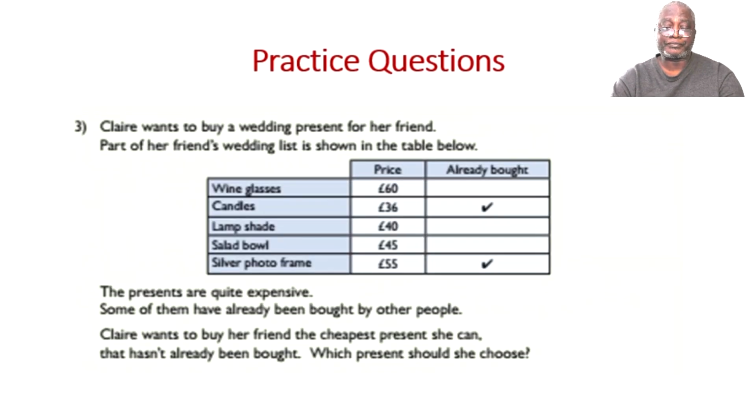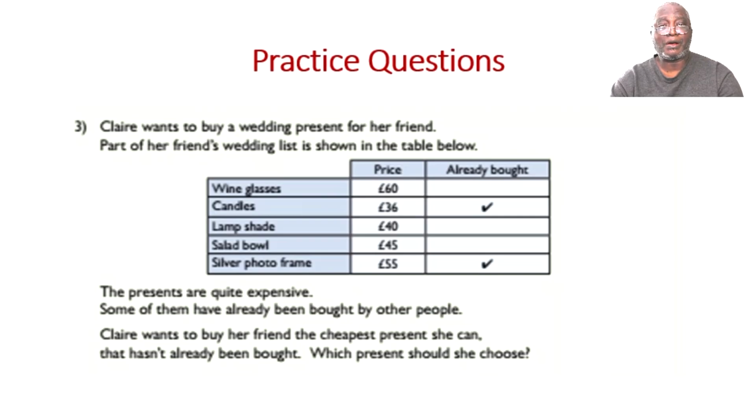Practice 3. Another way you can use a table, like if you want to buy a wedding present, you can make what we call deductions. Part of a friend's wedding list is shown on the table. Now, if you want to buy a present, you will not buy what the person already has.